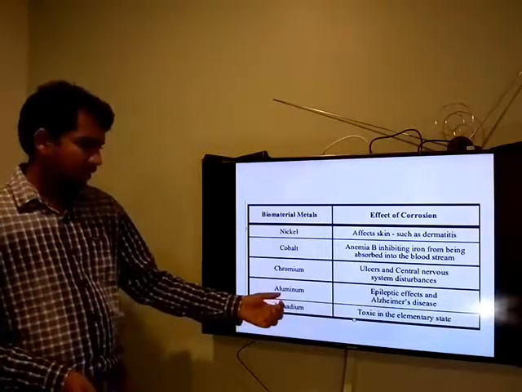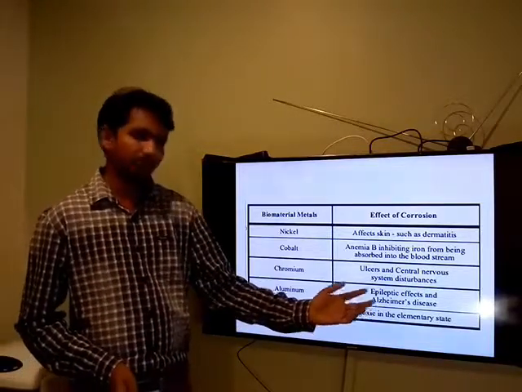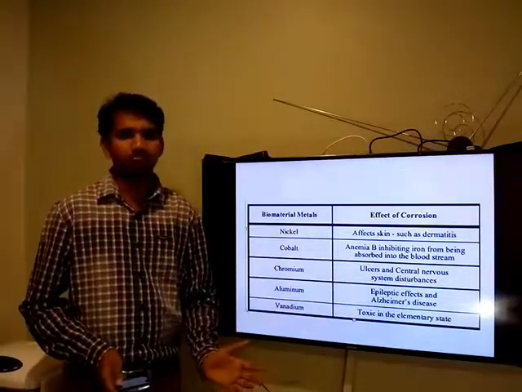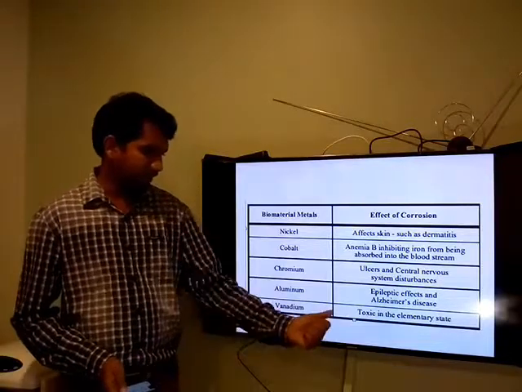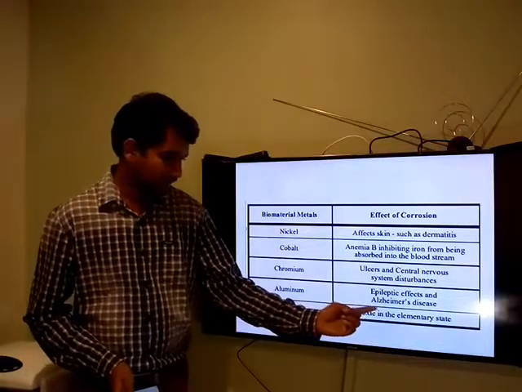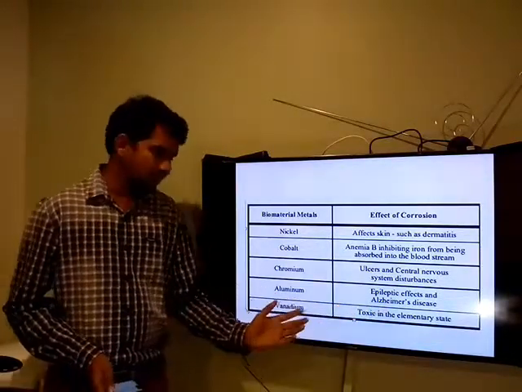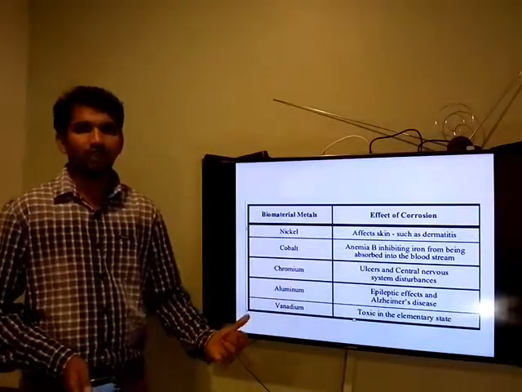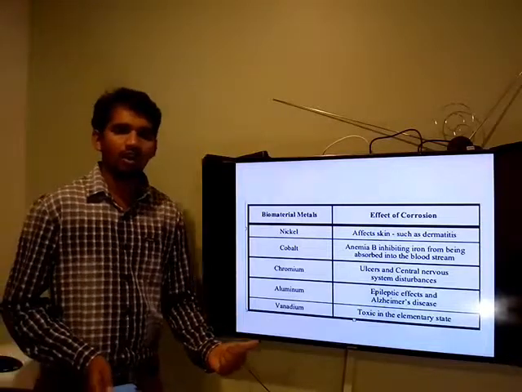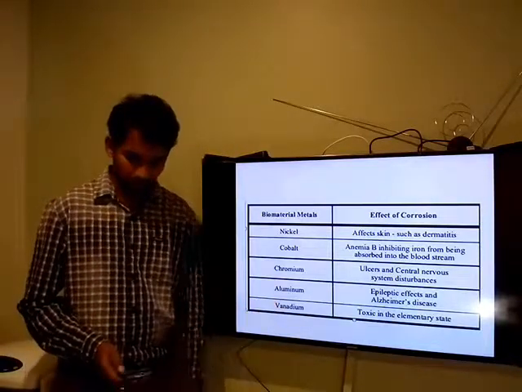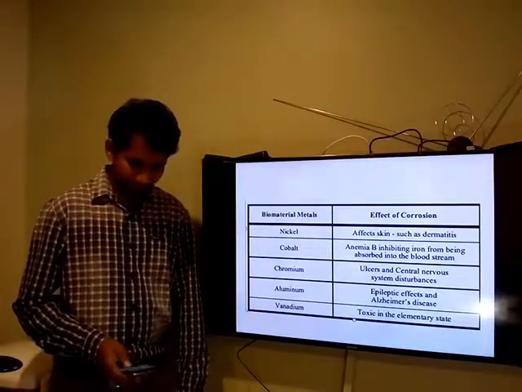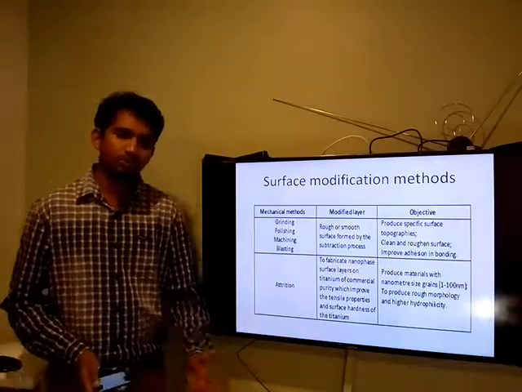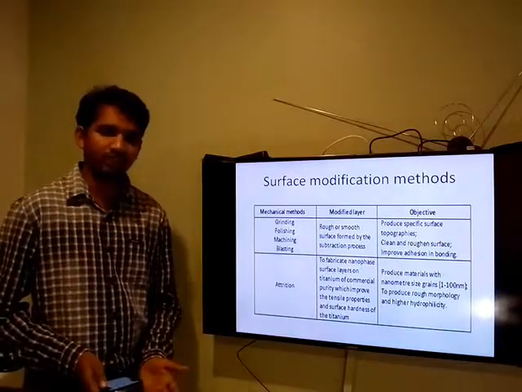In the same way, aluminum can also spread diseases like Alzheimer's. So these are elements frequently used in the material, and they have some adverse effect on the human body. To address this, we have surface modification methods.